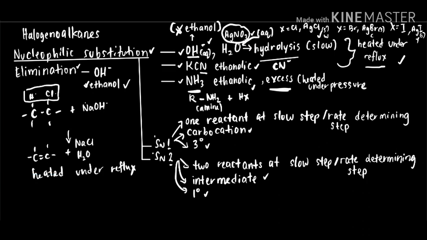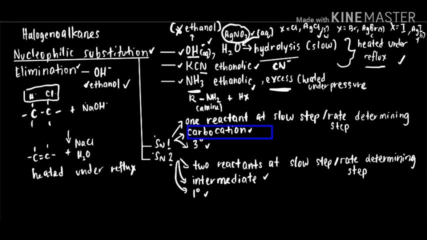For nucleophilic substitution, we have two mechanisms: SN1 and SN2. If you look at the numbers in SN1 and SN2, the 1 tells us that there is one reactant at the slow step, or the rate determining step, and the 2 tells us there are two reactants at the slow step. We also need to know that SN1, since it has one reactant, involves the formation of a carbocation.